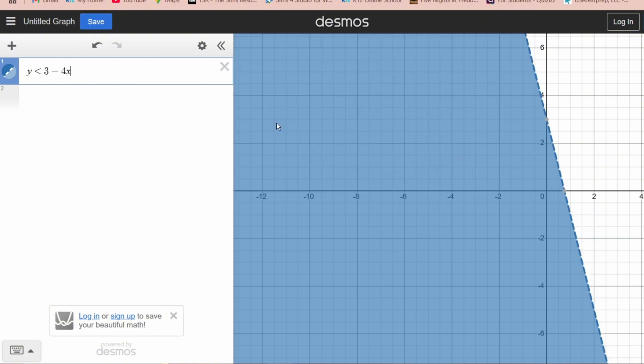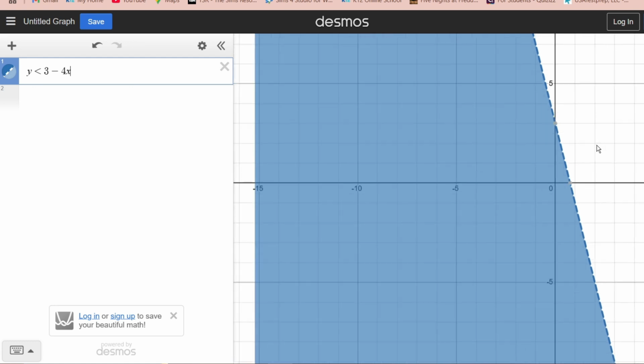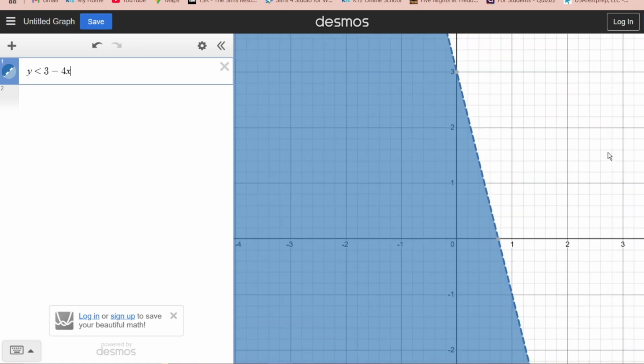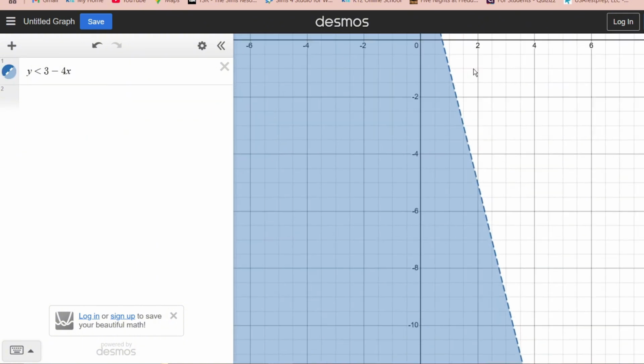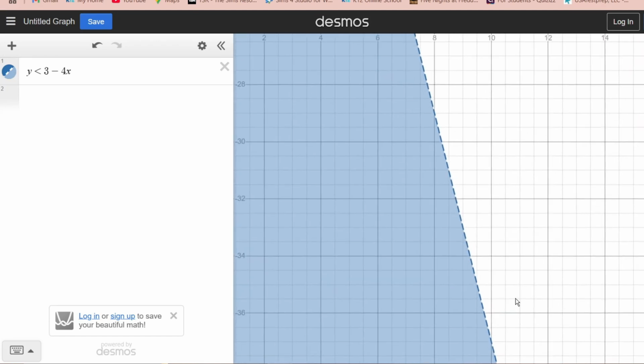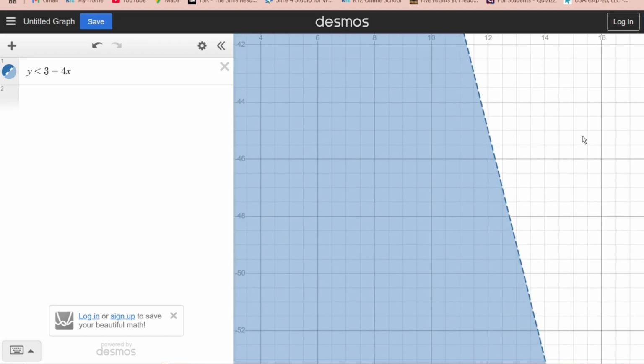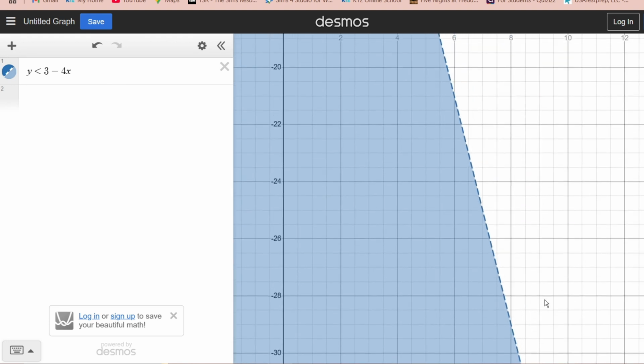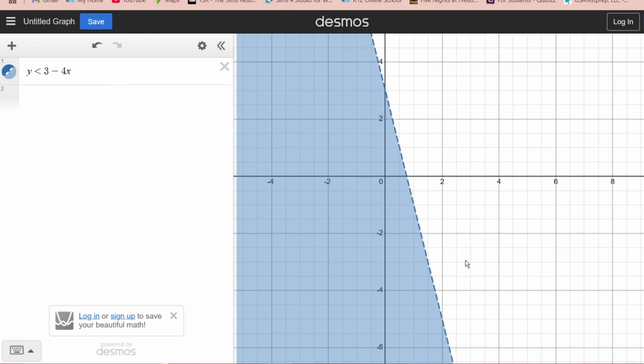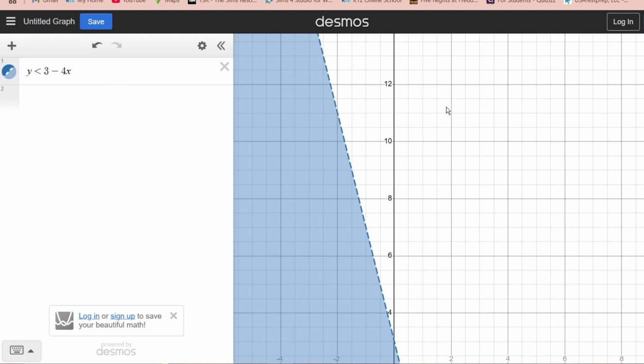We got a dotted line, and we got our shading. That's what this is called. And our points are about a little past 1 and on a 3. And now if we go down here, there's probably a point all the way down here. But we're not gonna try and search for that point, because it could go on to infinity.